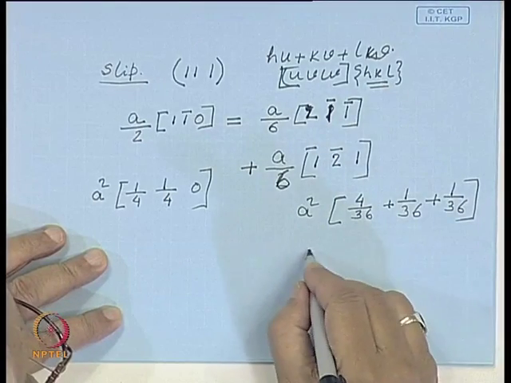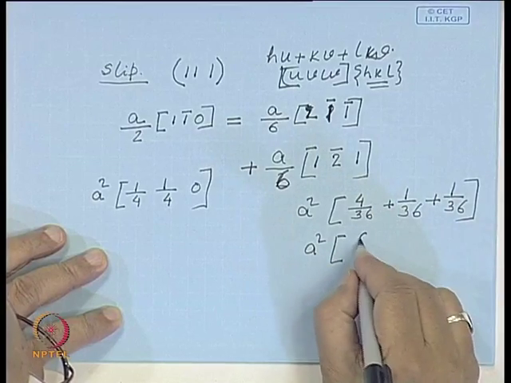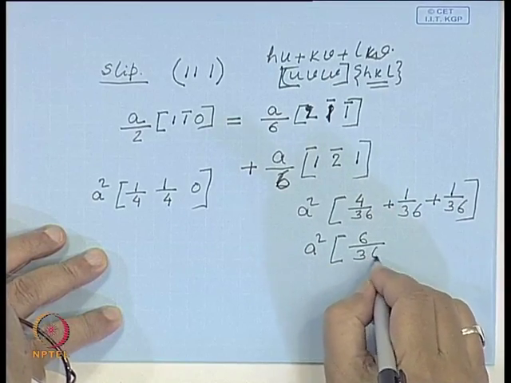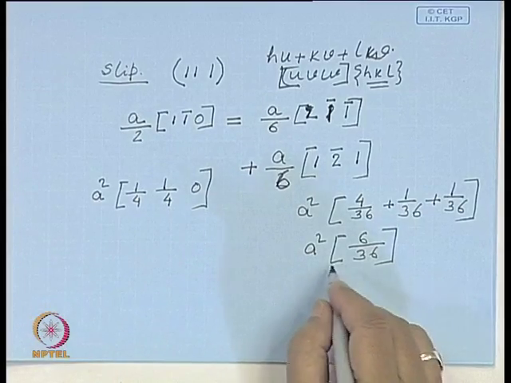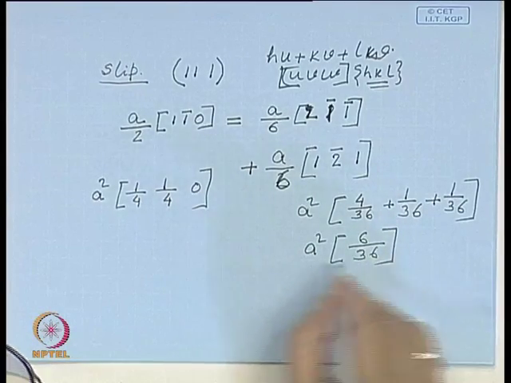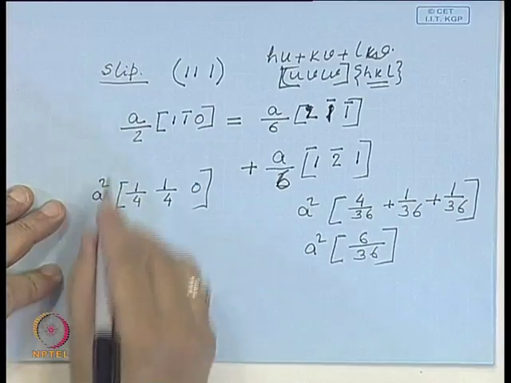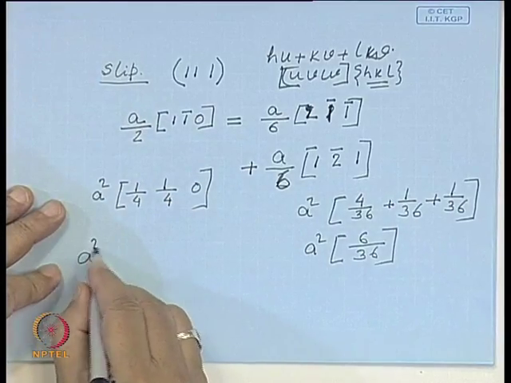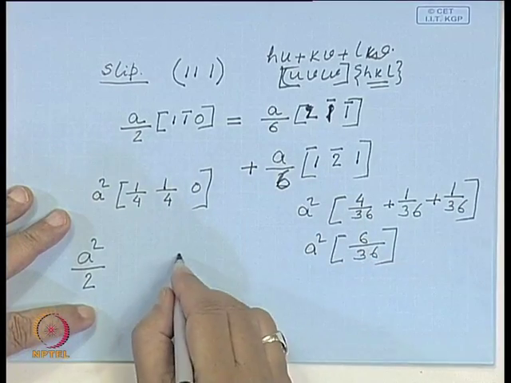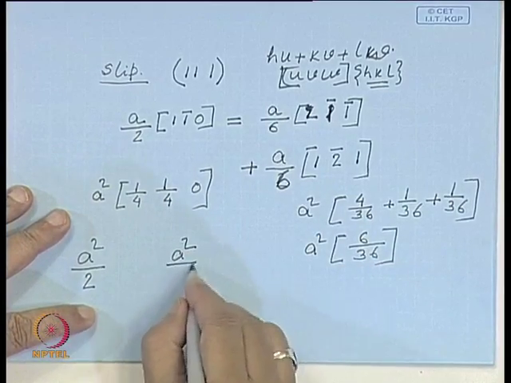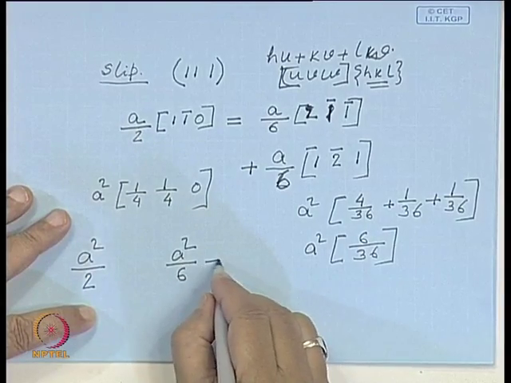So, this comes to a squared times 6 by 36, which is a squared over 6, and you have 2 of this.